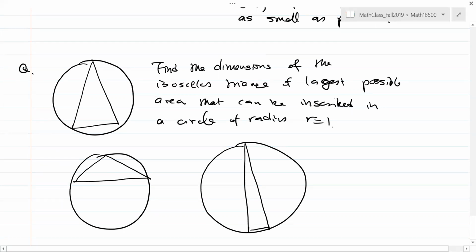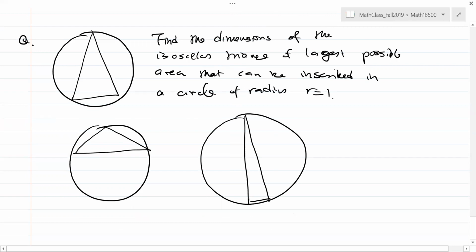So there are so many different types of isosceles triangles inscribed in a circle. The question is, which one gives the largest possible value? Definitely there's one of maximum area, right? Can we determine the dimensions?